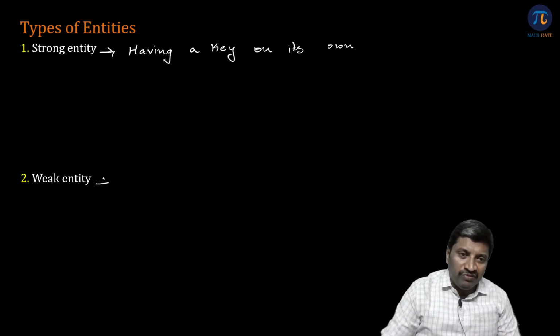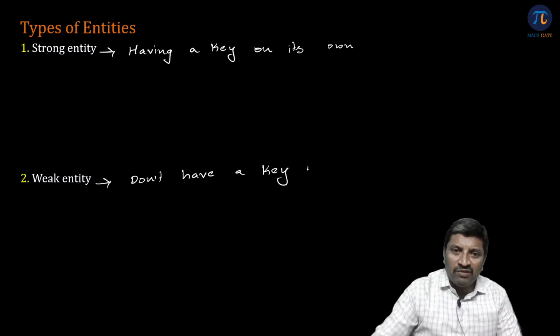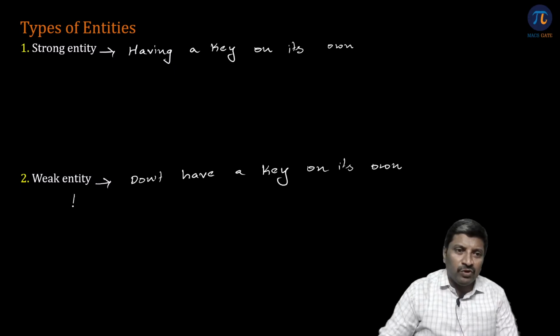But when coming to a weak entity, it doesn't have a key on its own. Then what will it do?